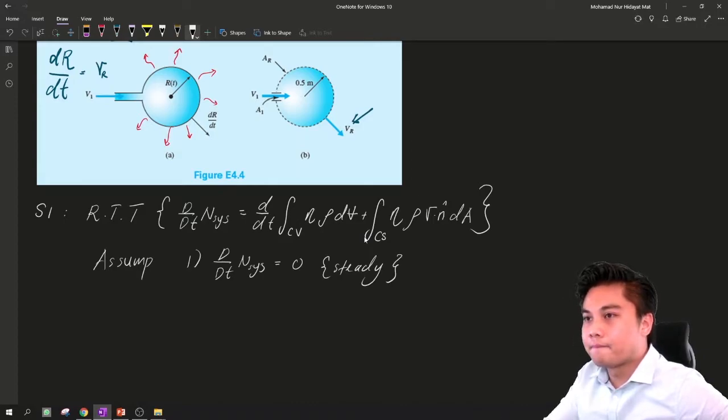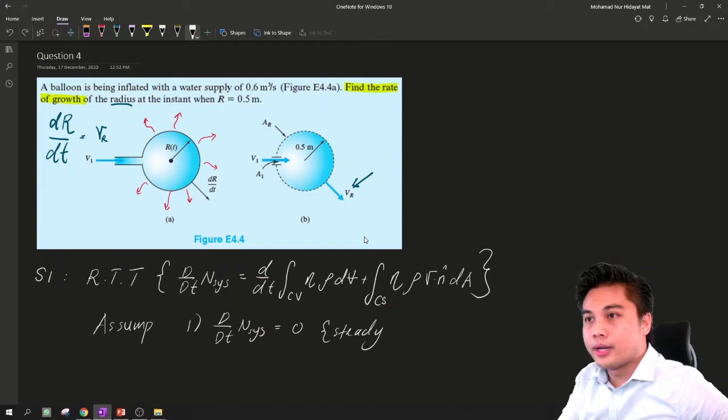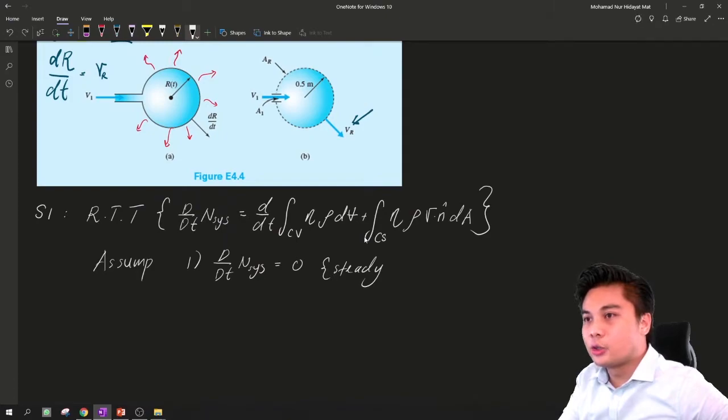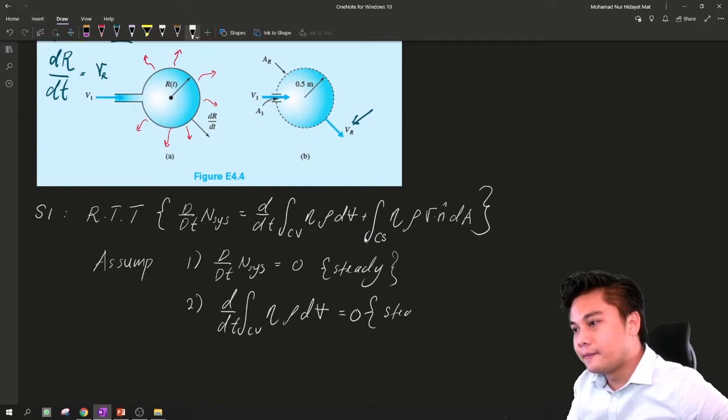And then there is no change of, we call here, water. There is no change, the rise or drop of water. So it is constant across the control volume. So we can say that assumption number 2, d over dt of the control volume intensive property rho dv is equal to 0. Also steady inside the control volume.